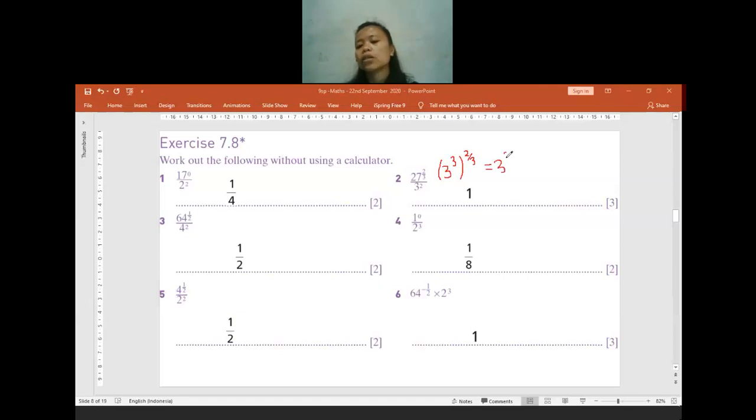Power of a power, you do times, so 3 times 2 per 3 equals 2. That's why we have 3 to the power of 2 in the numerator. In the denominator, we also have 3 to the power of 2. So we can directly cancel them, or if you follow the index laws, it will be 3 to the power of 0, which equals 1.